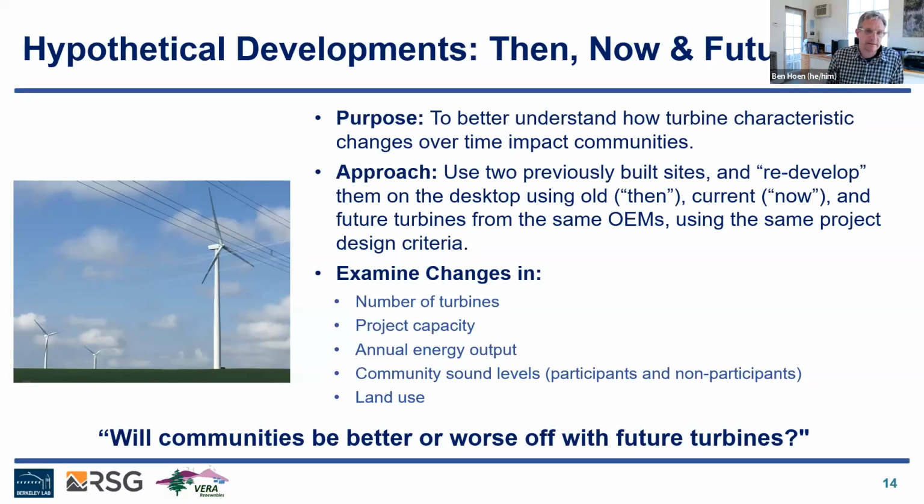And then finally, how does the land use itself change in these various projects? Hopefully, we can get some sense as to whether communities will be better or worse off with these future turbines based on only these criteria. We're not considering a whole host of other things, but based on just these things.